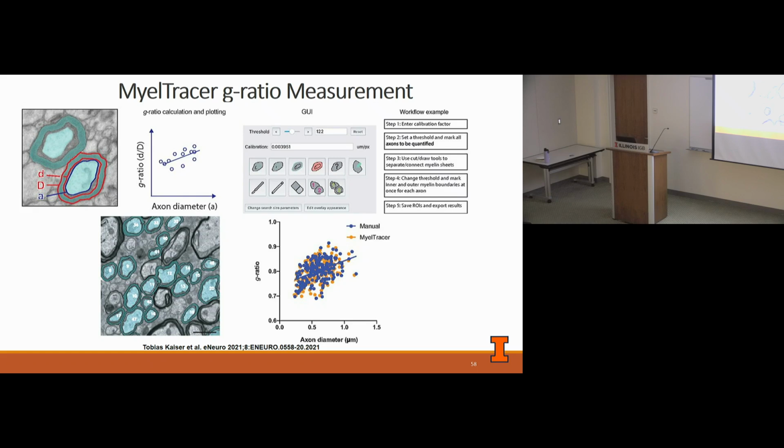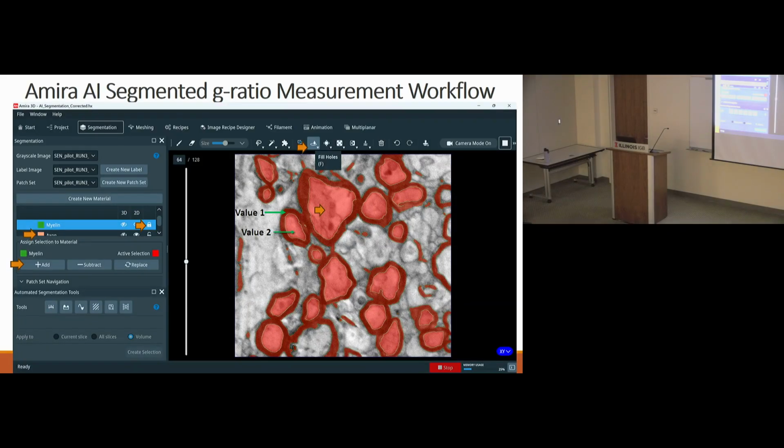But this is very laborious. You have to do this one axon at a time, and it can take hours to do even just a few of them. So I'm going to quickly go through a pipeline or workflow where you can do this in a few minutes, and this can also be done in batch.